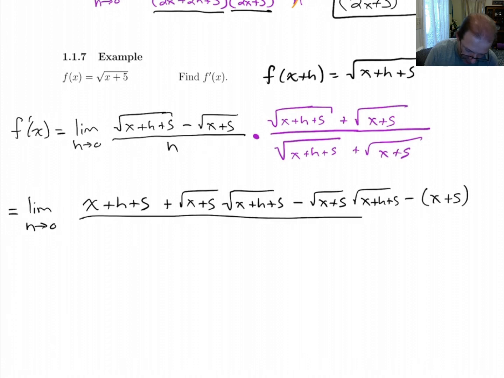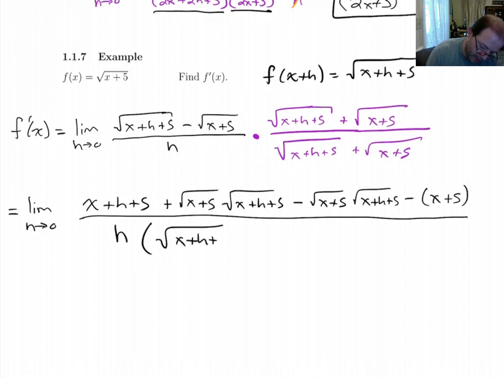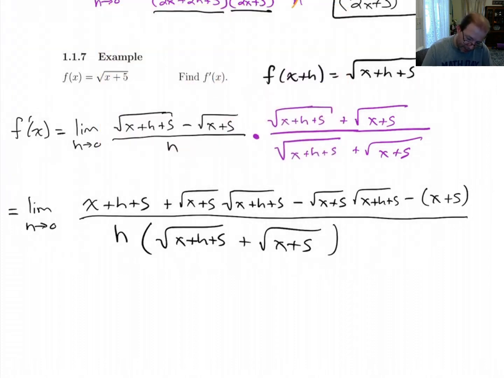Now, underneath this, we've got h times the square root of x plus h plus 5 plus the square root of x plus 5. And now, again, we can cancel things out. Let's see. This and this are negatives of each other, so they cancel out.